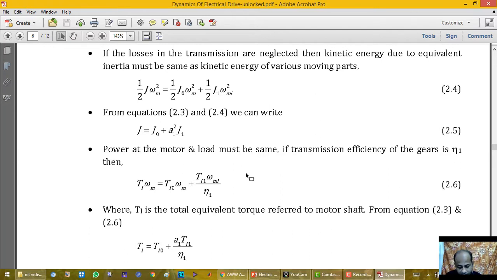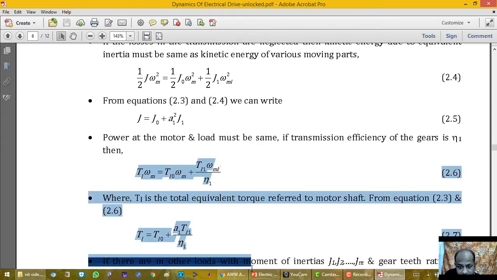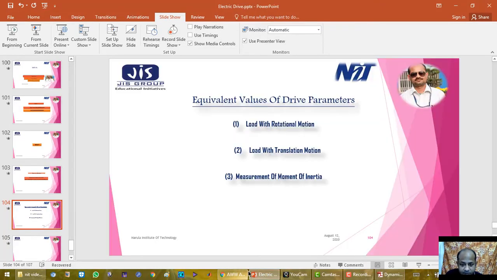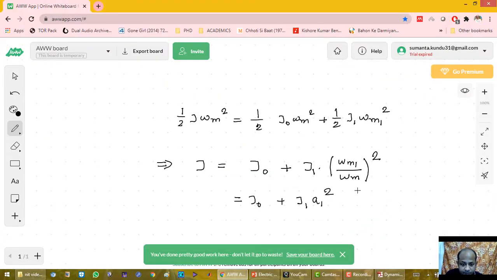Now, what is my efficiency? Efficiency equals output by input. So my input is output by efficiency.